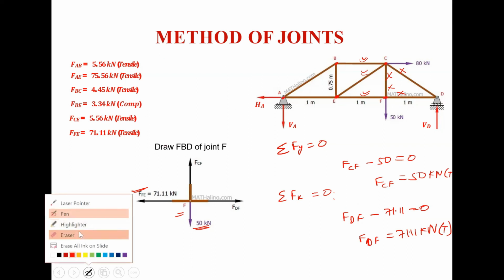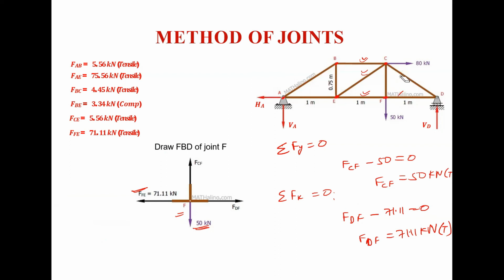So from these FBD of different joints, we have determined the internal force in all these members. Only force in member CD is left to be determined. So you can consider FBD of C or D to easily find out this force as well. ये अपने को find कर सकते हो.